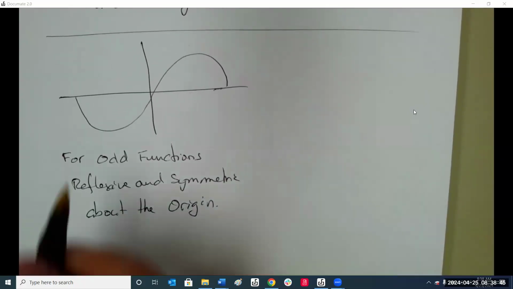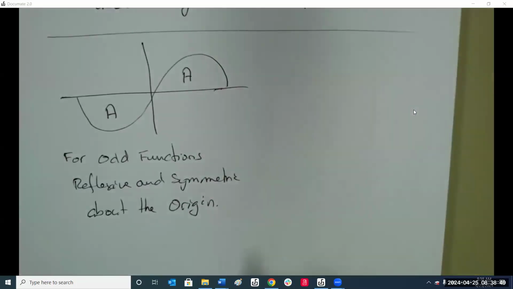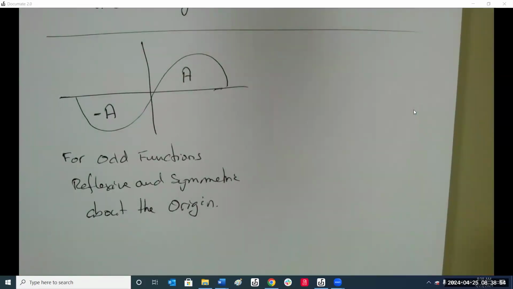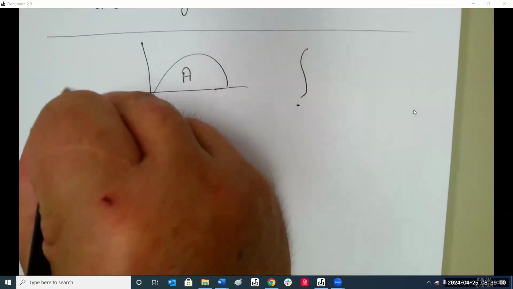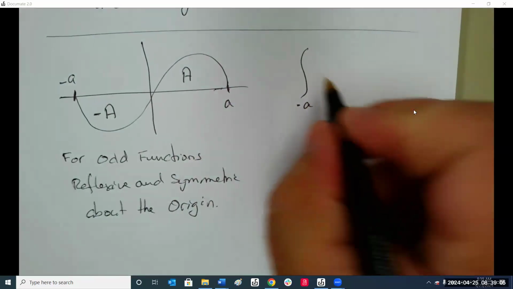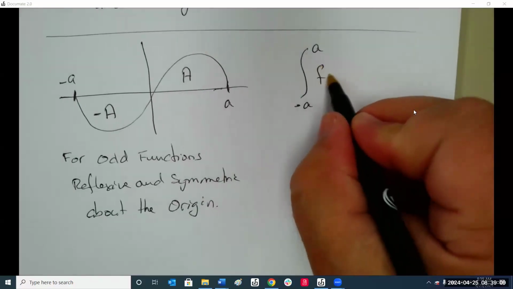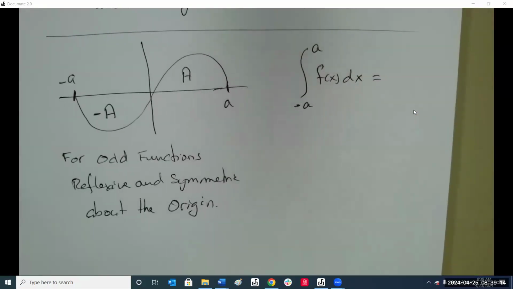So what does that mean? What that means is they're both going to have the same area, except one of them is going to be negative because it's below the x-axis. So this is from negative a to positive a. If we took it this way, our area would be 0.